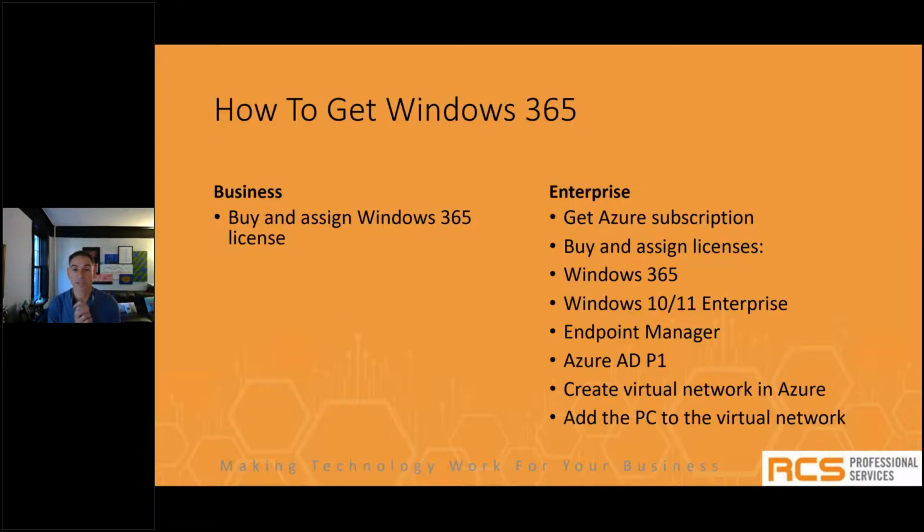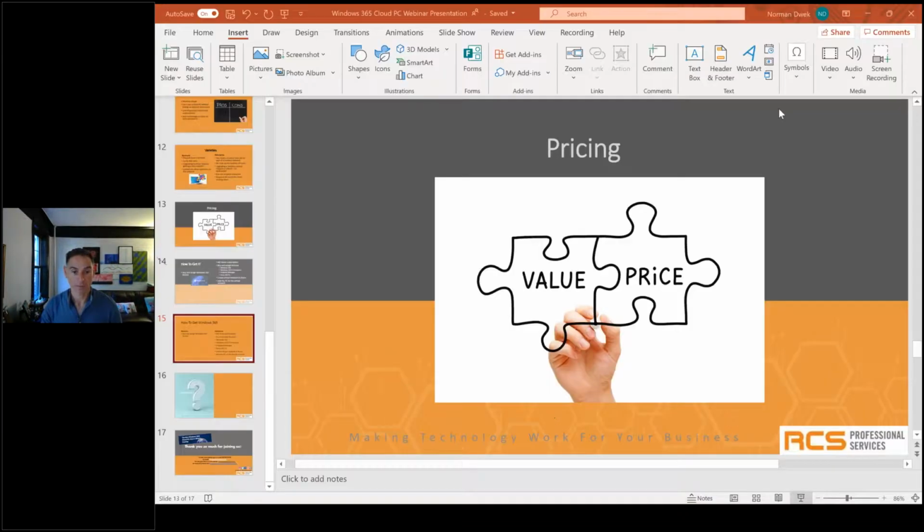So how does one actually get this thing? Business, again, super easy deployment. Essentially, all you need for a business one is you just get the Windows 365 license. When I showed you that machine, you actually buy the license just like that. So back to here.